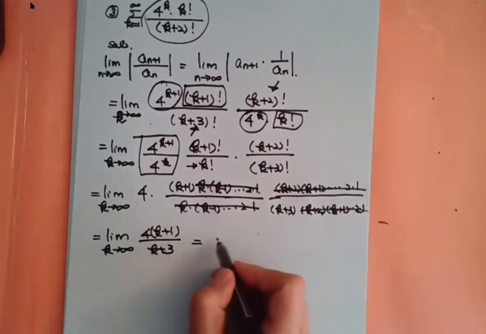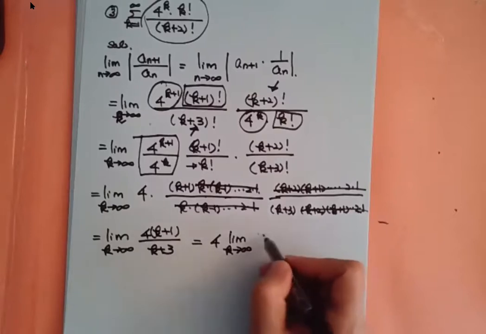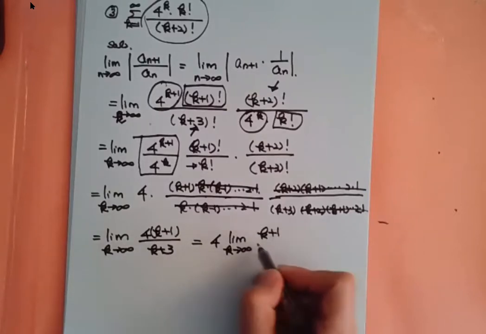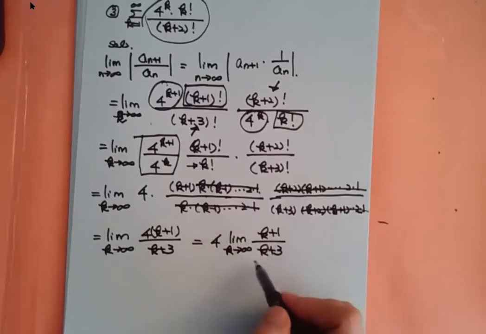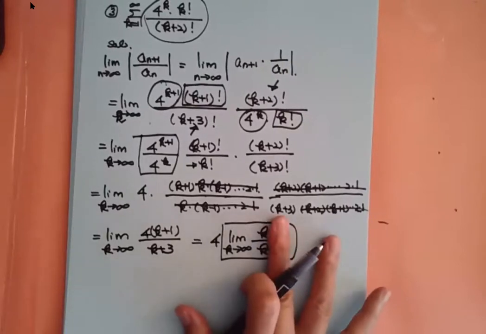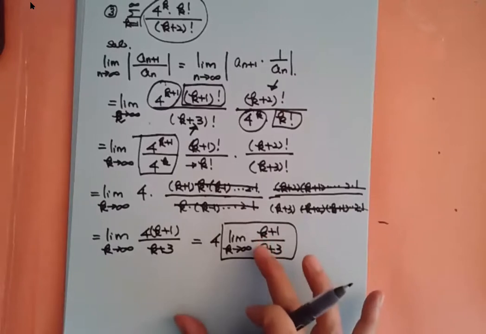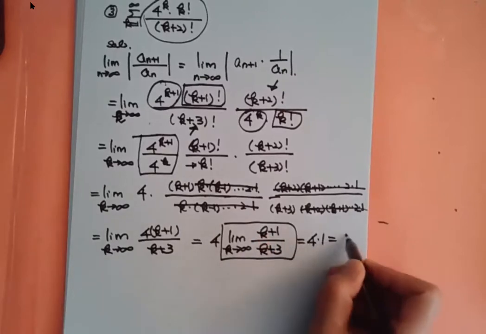We pull out the 4 here, and then the limit as k goes to infinity of (k plus 1) over (k plus 3). When we think about this limit, we can forget the constants, and then we have 1. So that is 4 times 1, which is 4.